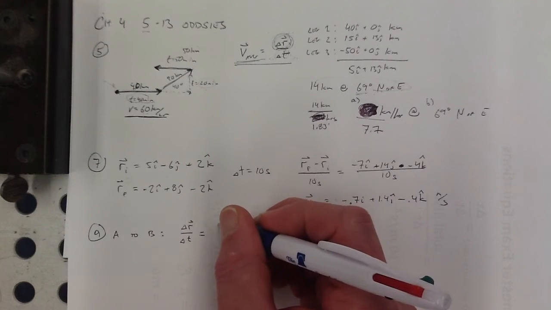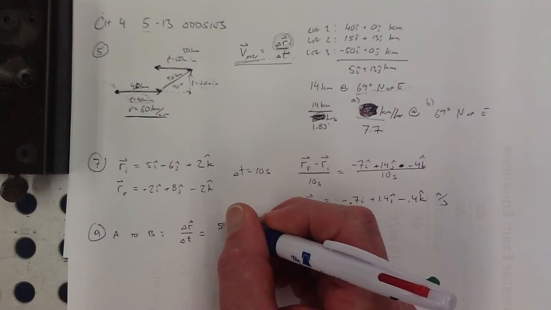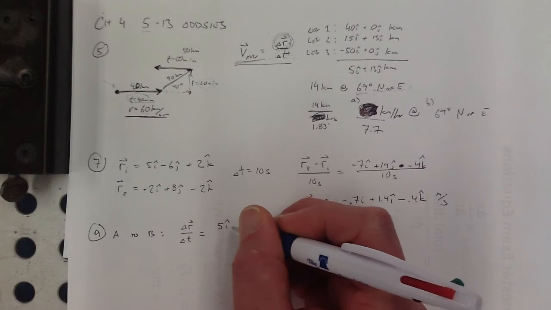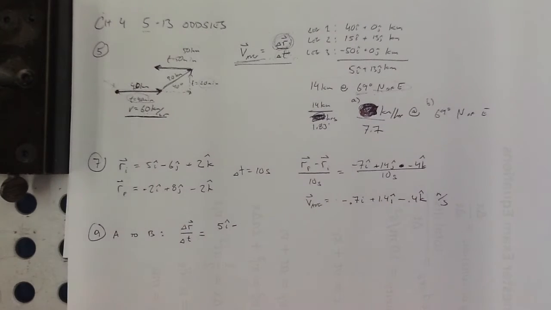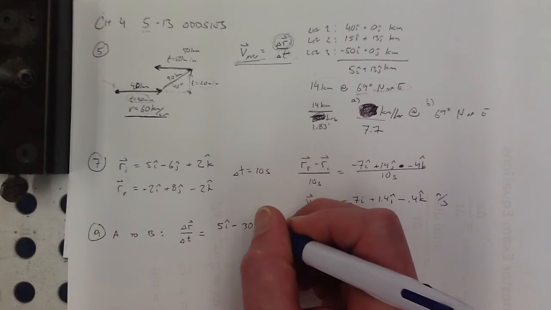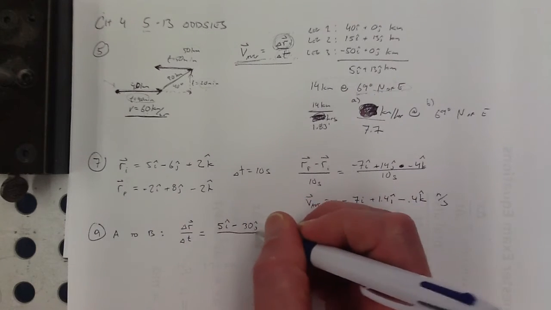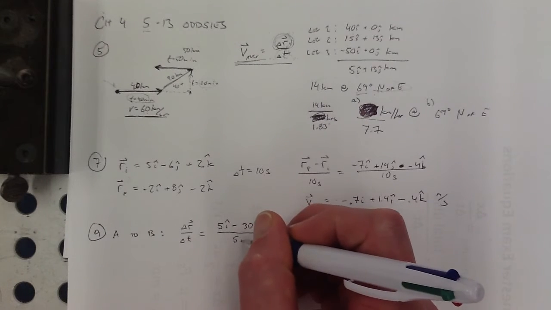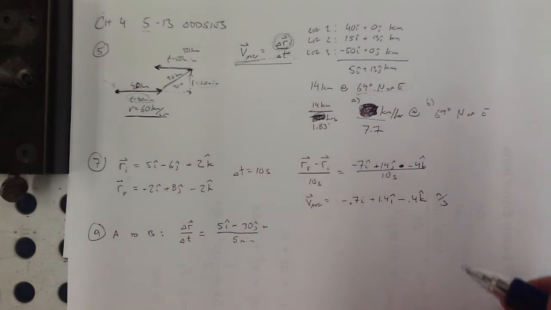So the displacement is positive 5 meters in the I direction to get from A to B, and down 1, 2, 3, 4, 5, 6 blocks in the J direction, and that's meters. That takes 5 minutes from A to B.